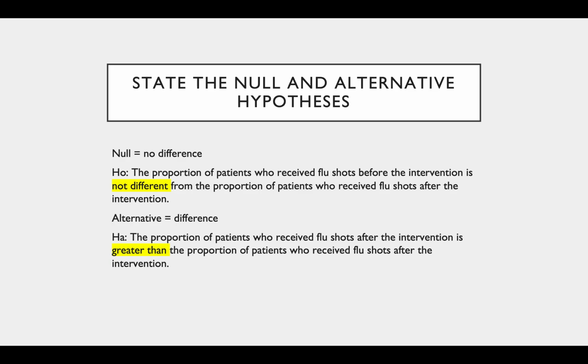Usually what we're looking for is the difference. The difference comes in our alternative hypothesis. So for example, the proportion of patients who received flu shots after the intervention is greater than the proportion of patients who received flu shots before the intervention.